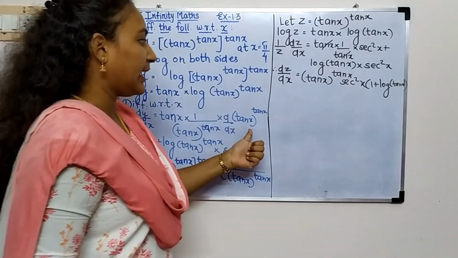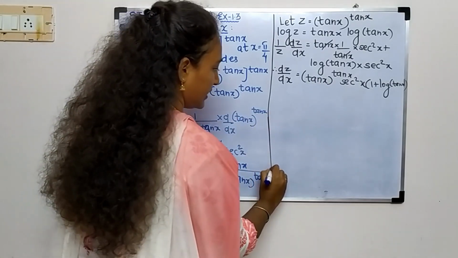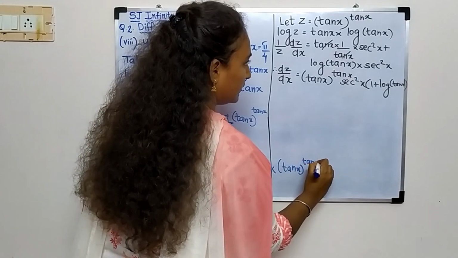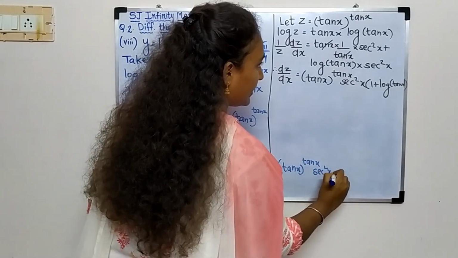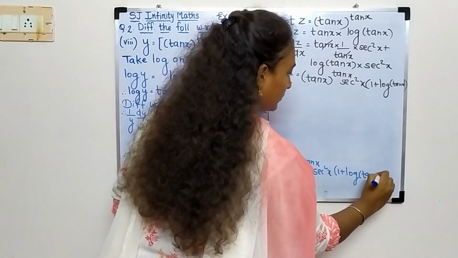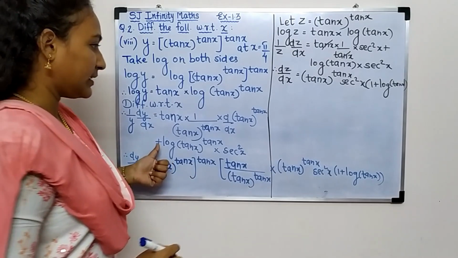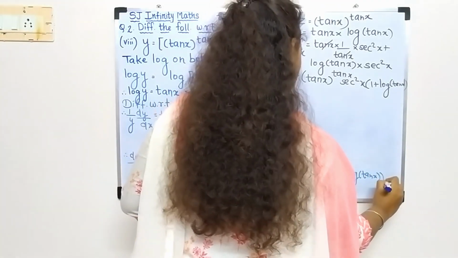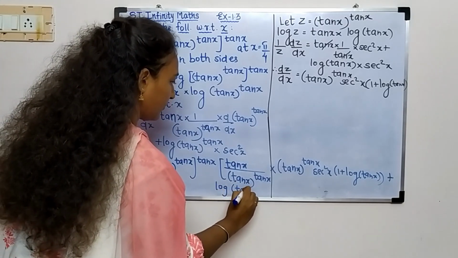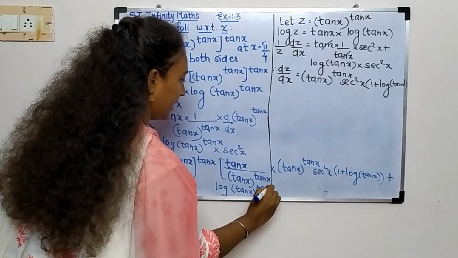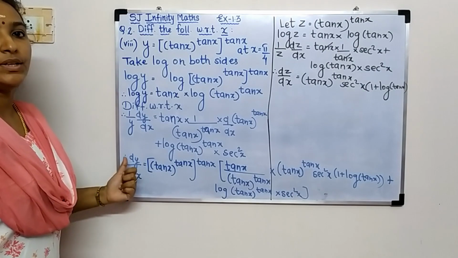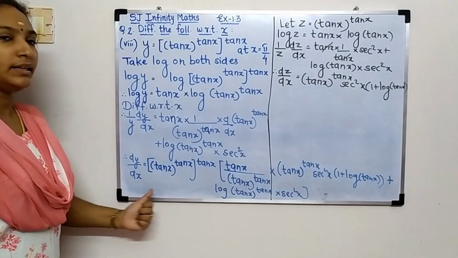Then your derivative of tan x raised to tan x is multiplied with tan x raised to tan x, sec square x, 1 plus log of tan x. Then your plus term: plus log of tan x raised to tan x into sec square x. So now we have arrived at our dy by dx.